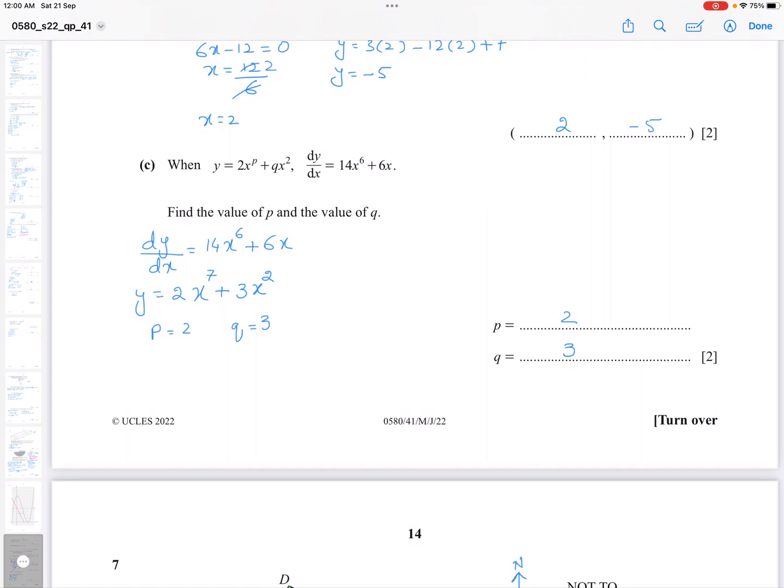So for 6x, if I write 3 as a coefficient of x and the power 2, taking it in reverse, 3 goes up, so it becomes 6, and the power becomes 2.